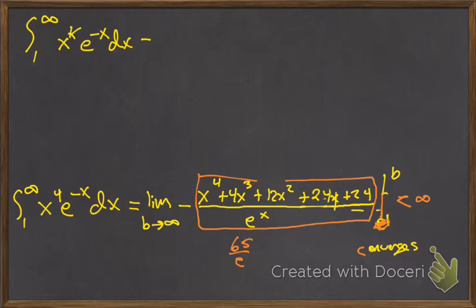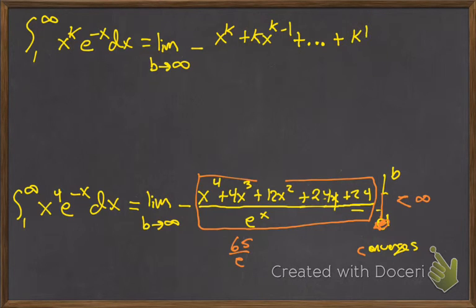Now for the more generic one where we just have a k, it's going to be a similar setup. So it's going to be the limit as b goes to infinity of negative x to the k plus k x to the k minus 1, and so on, plus k factorial x plus k factorial, all over e to the x.